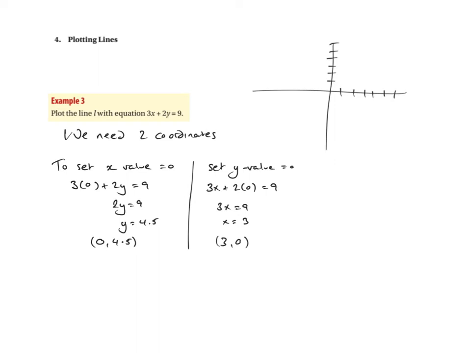So the first one is 0, so here we are, 0 and 4.5, so 0 in the x direction, 1, 2, 3, 4.5, so 4.5 is roughly there, and then I'm going to plot the other one, which is 3, 0, which is there. Then all I'm going to do is join the two together, and obviously you'd use a ruler for this, and carry straight through, and you can see there I have a wonderful straight line.